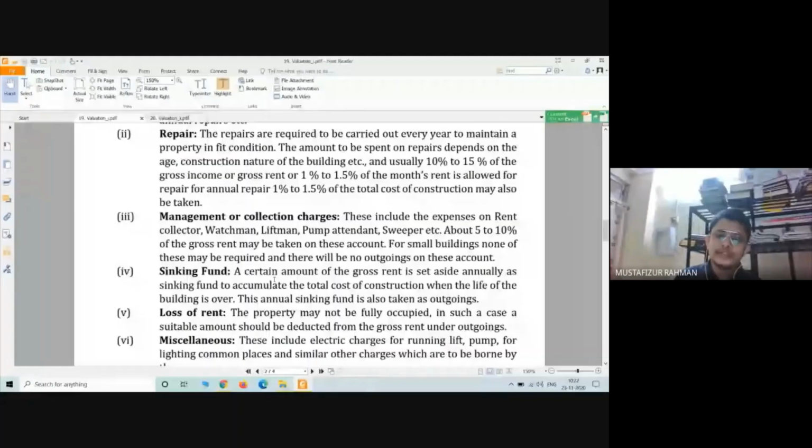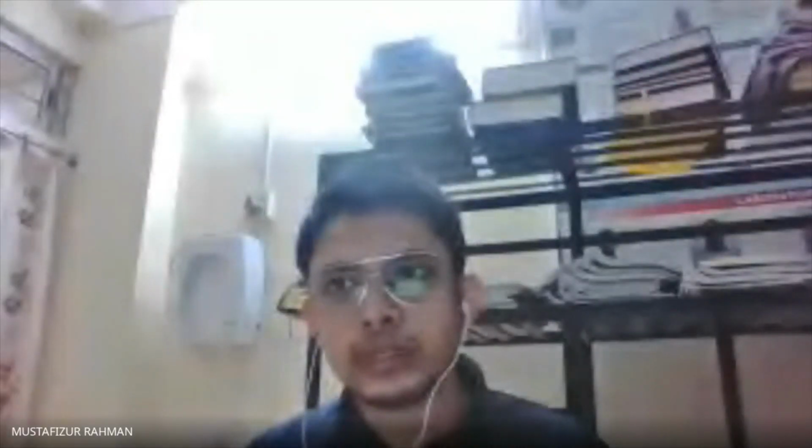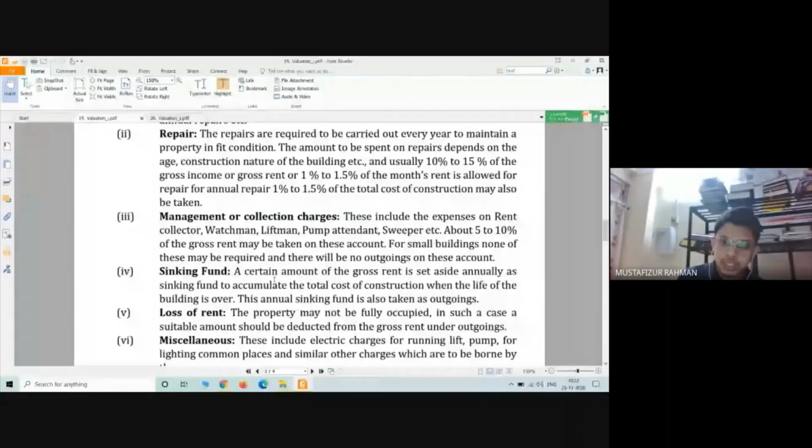Now, what is sinking fund? We have to keep a certain amount of money every year from the gross income. From the gross income, we are keeping a certain amount of money, and after the period of the building, it will be equal to the cost of construction, the cost at which the property was bought.